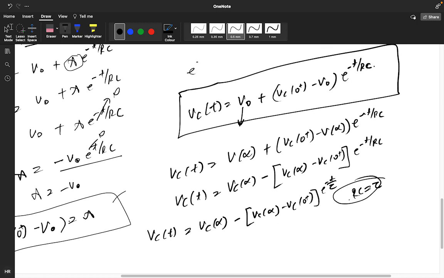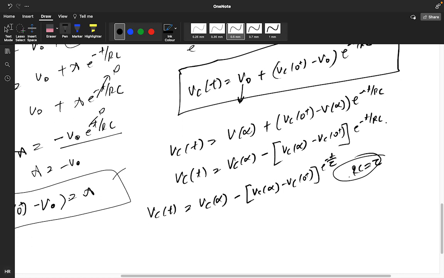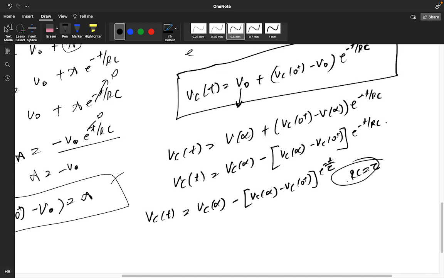And your RC is your time constant. Yesterday itself I discussed what the time constant is with respect to charging and discharging. In case of charging, time constant is that time when it reaches 63.2% of the final value.